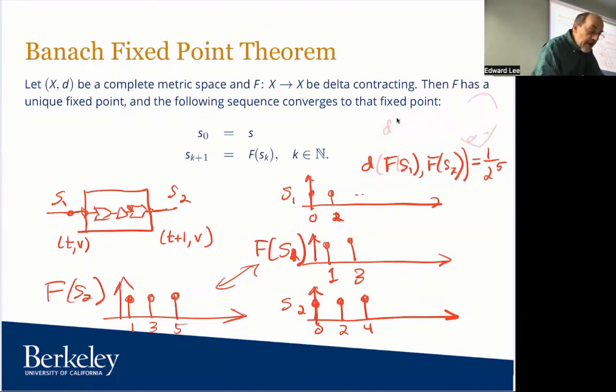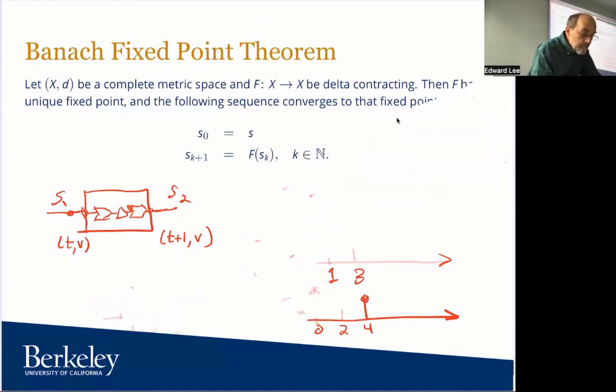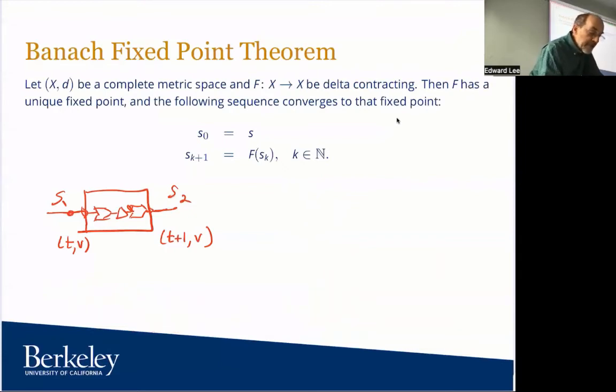So let me now show you how the Banach fixed point theorem works for this. Suppose that I take this function, whoops, and I put it in a feedback loop like that. What do you think the behavior should be?